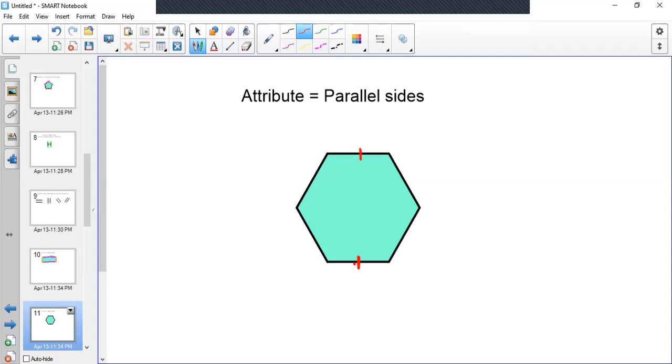They're opposite and going in the same direction. There's another set, which is diagonal. Both of these lines are opposite of each other and they're going in the same direction. And last but not least, here is the last set of parallel lines on this hexagon.